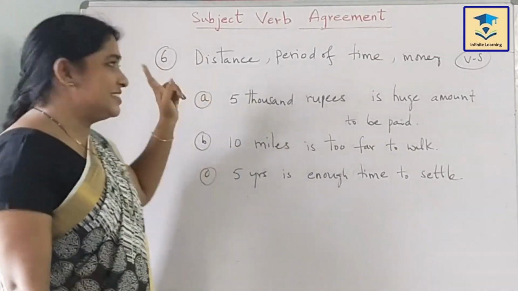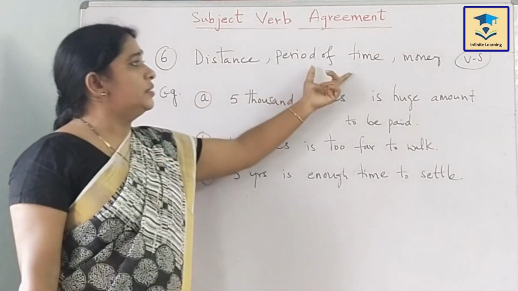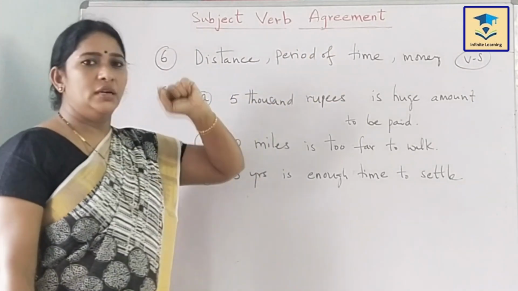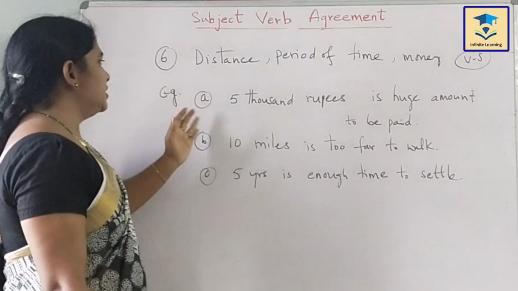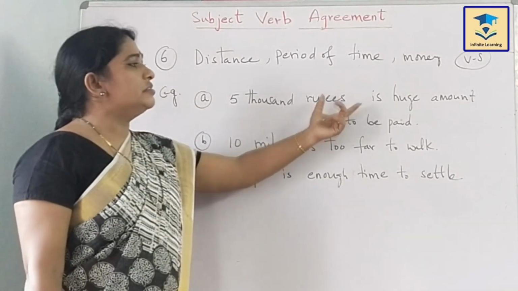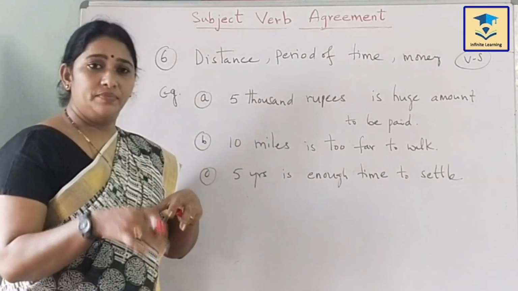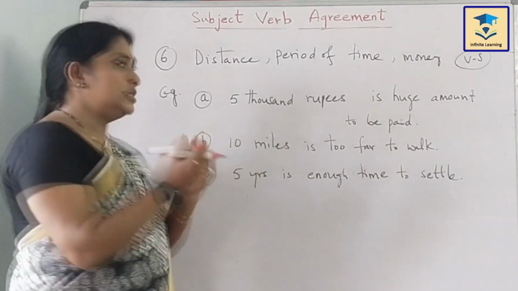Now let us see the sixth rule. When you come to the distance, the period of time or the money, regarding these 3 areas, the verb will always be singular. See the examples of this. The first one, 5,000 rupees is huge amount. Actually 5,000 rupees looks like plural, but 5,000 rupees is a unit.